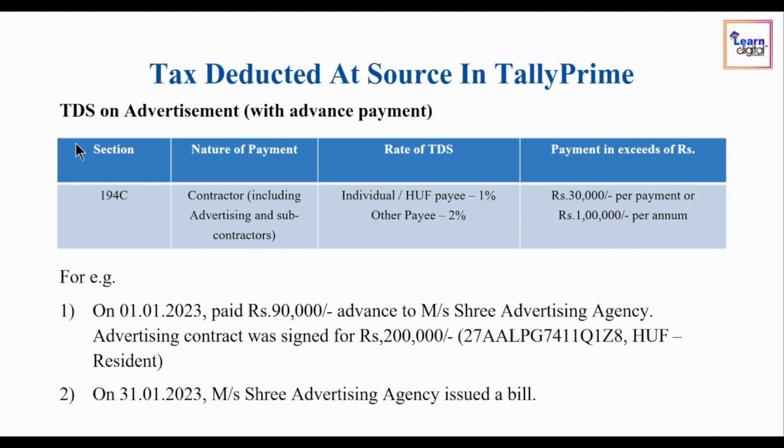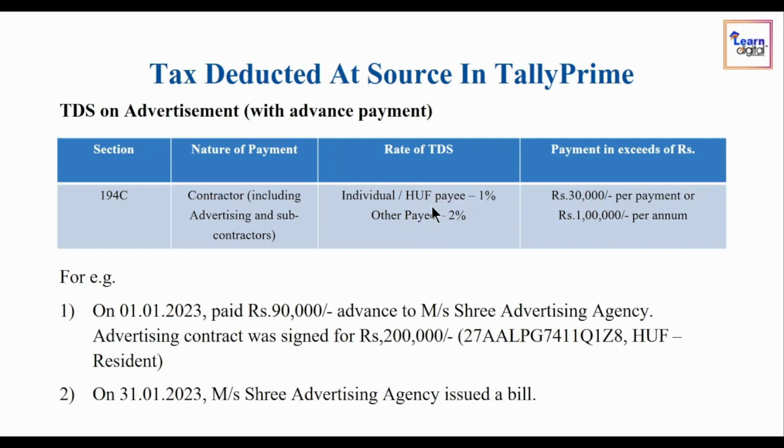See, the TDS on advertisement, the section is 194C. Nature of payment will be contractor including advertisement and subcontractors. Now the rate of TDS will be different for individual, HUF and other payees. If the payee or deductee is individual or HUF, in that case we will deduct 1%.